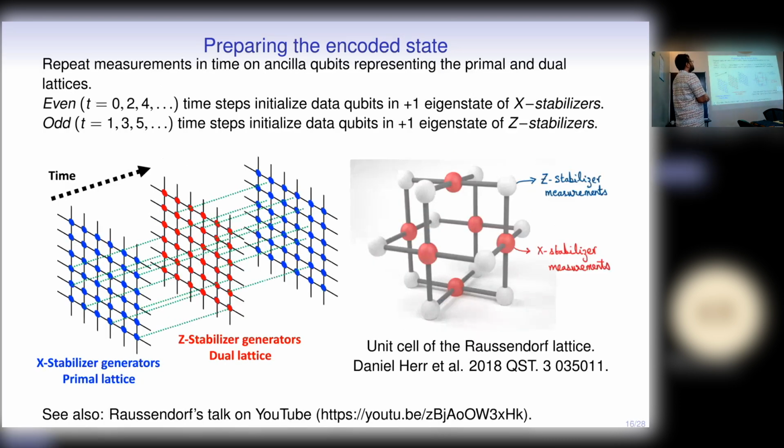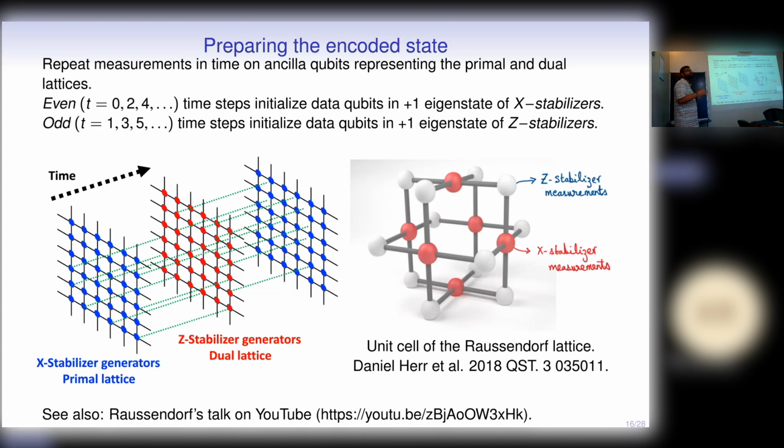In practice, this is a bit of an acceleration of what is done. You would start with a cluster state, do those X measurements, and initialize it in the +1 eigenstate of the X stabilizers. Now go to the dual lattice and do those X measurements again. Now it will initialize the +1 eigenstate of Z stabilizers. Now you keep repeating this in time.